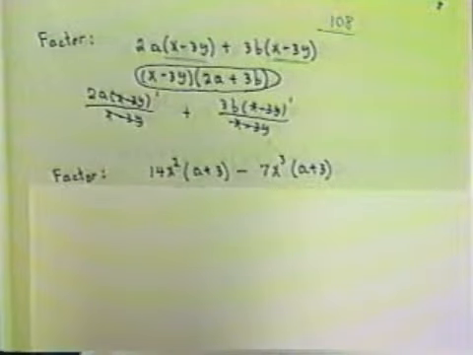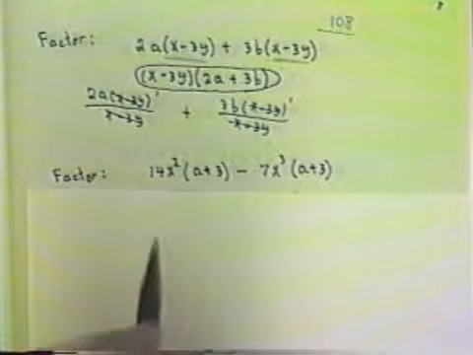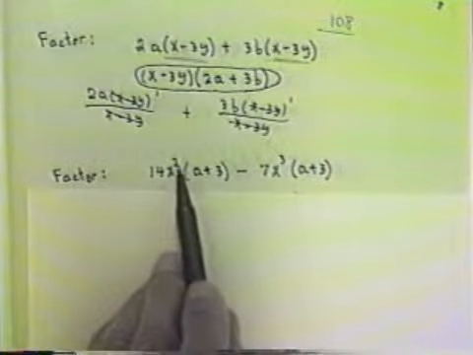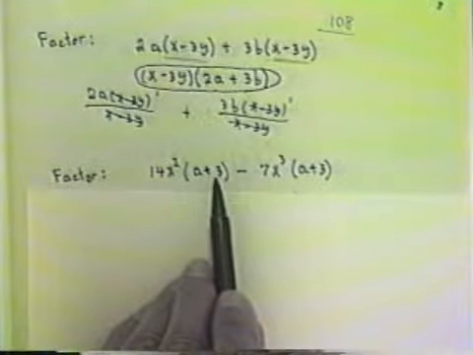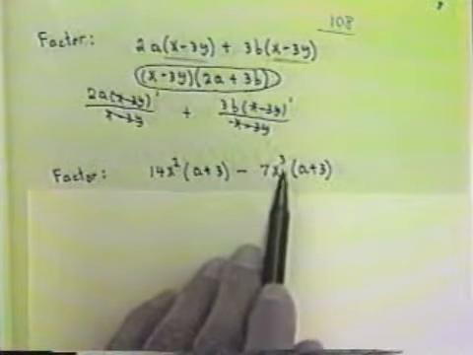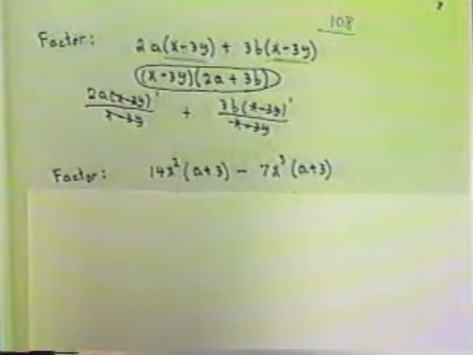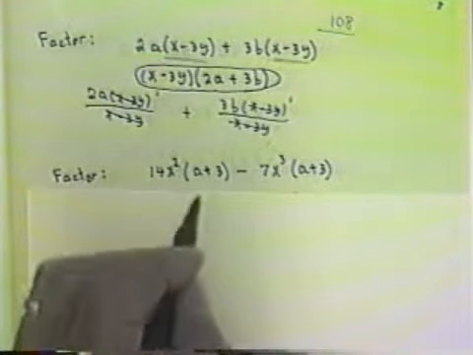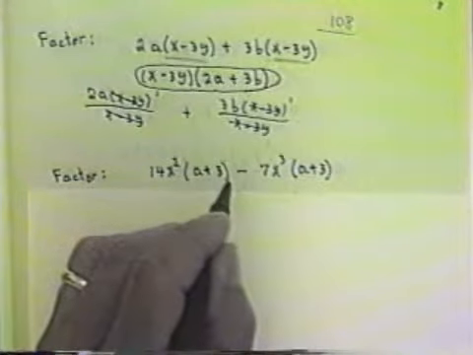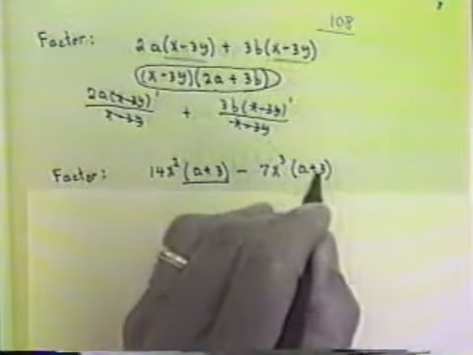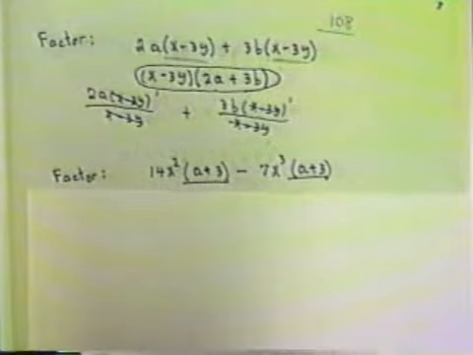Let's look at another example. Let's factor 14x squared times (a + 3) minus 7x cubed times (a + 3). To start with, notice that both of them have an a + 3 in common.